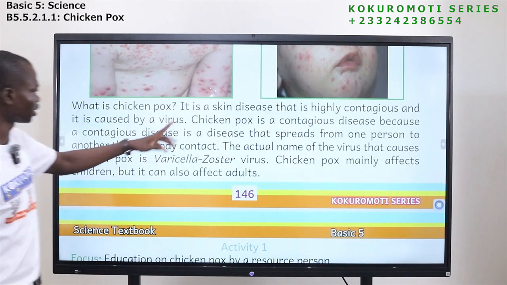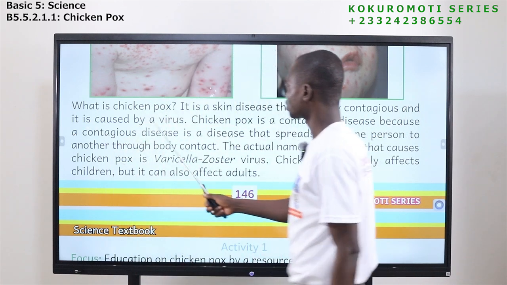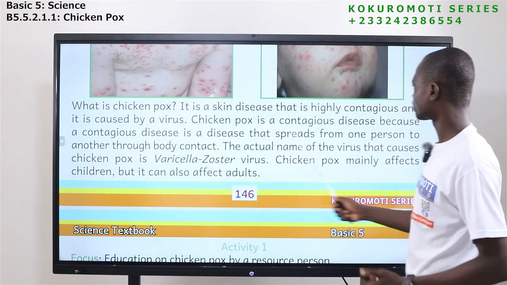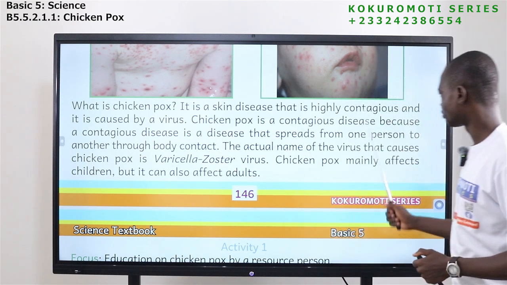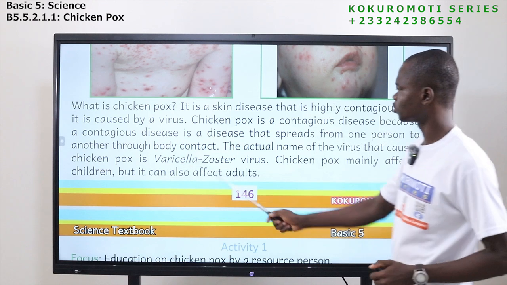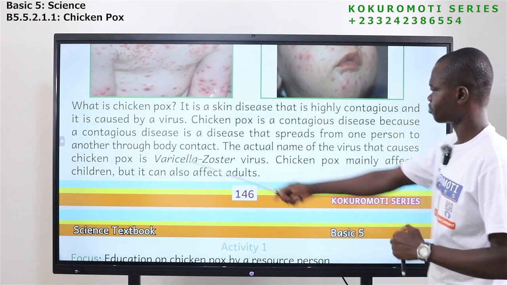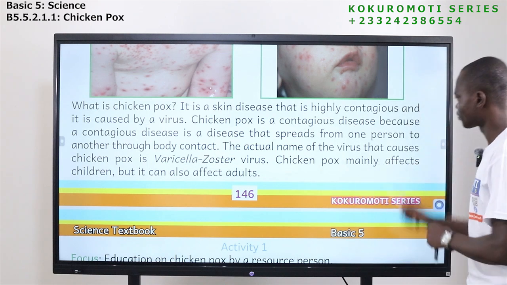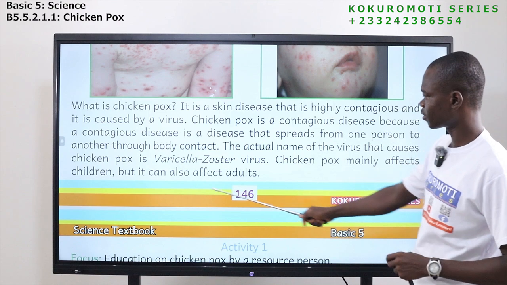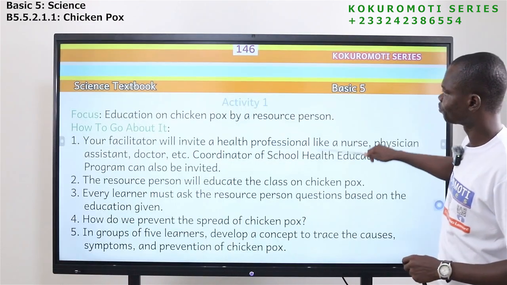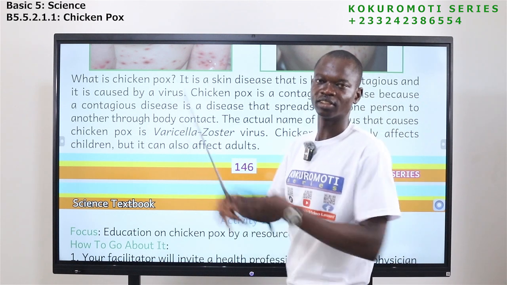Now, what is chickenpox? It is a skin disease that is highly contagious and it is caused by a virus. A contagious disease is a disease that spreads from one person to another through body contact. The actual name of the virus that causes chickenpox is called varicella zoster. Chickenpox may affect children, but it can also affect adults.